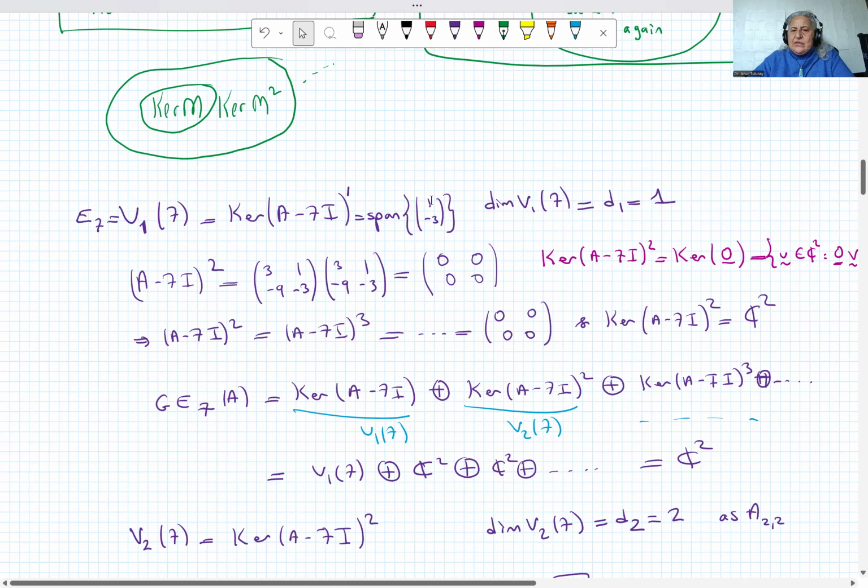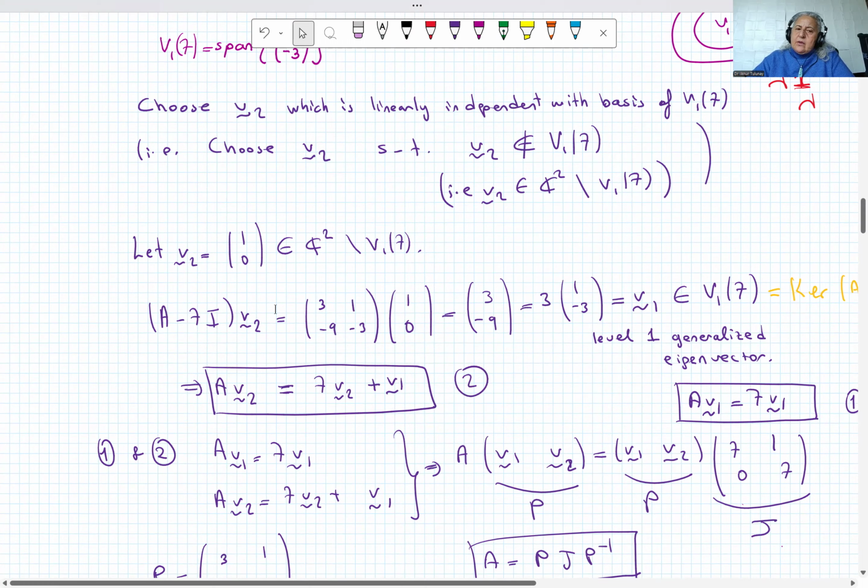But if I apply A minus 7I to this vector, I will be able to find a vector inside the eigenspace, not the generalized eigenspace, the eigenspace when k is equal to 1. So this matrix times (1, 0) will give me the vector (3, minus 9).